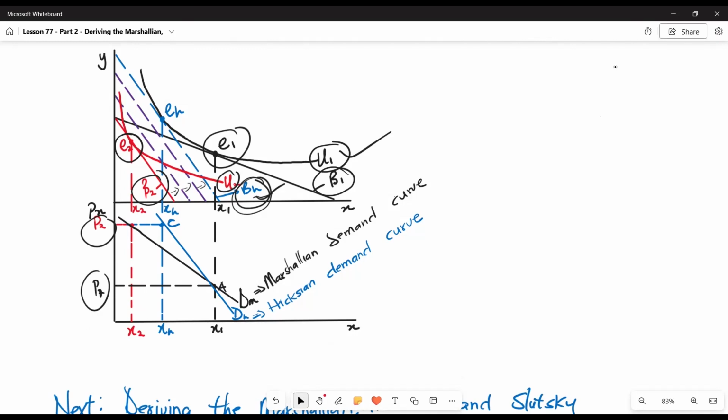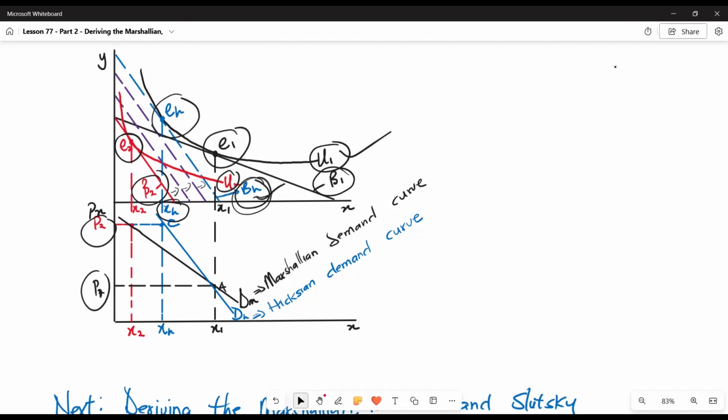So there is a new point of tangency, which is EH. This new point of tangency EH tells us the demand for good X when the consumer has been compensated enough so that they can still achieve utility level U1 even though the relative prices have changed. This level of demand for good X represents the pure substitution effect of the increase in the price of good X. So this is called the Hicksian demand for good X, and we will label it as XH.